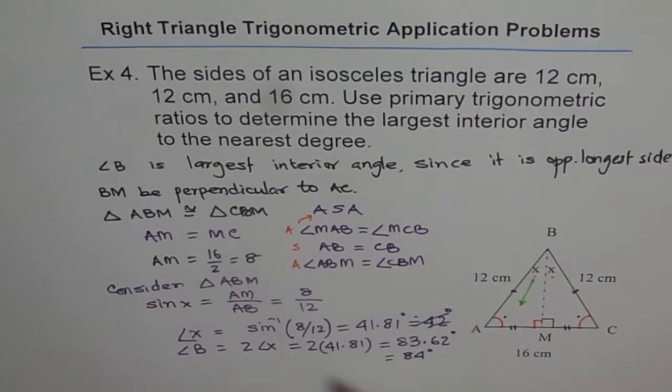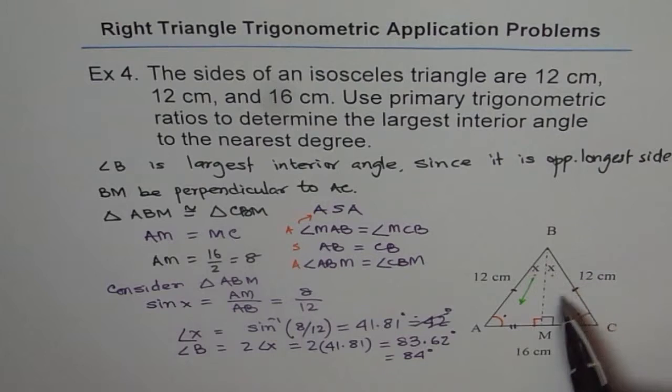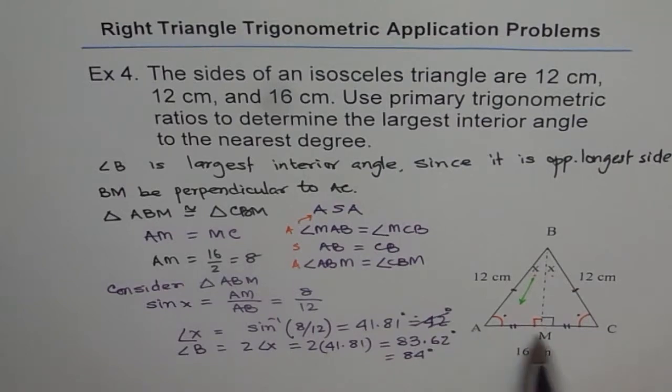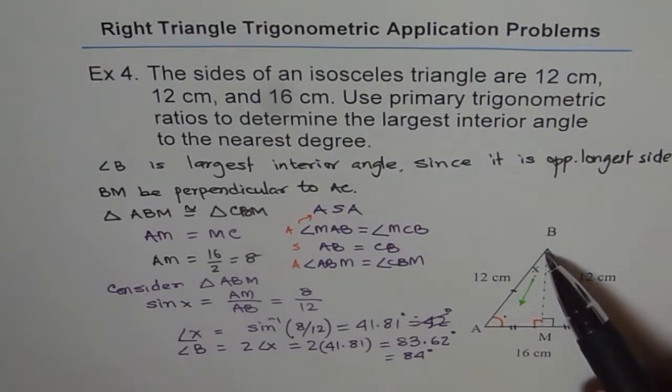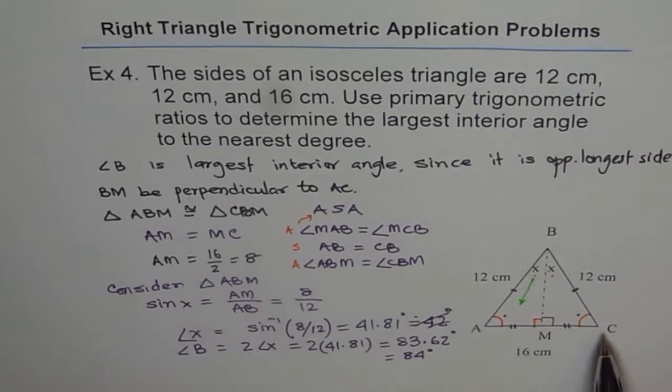So here is an isosceles triangle ABC, where sides AB and BC are equal to 12. So their opposite angles will also be equal. That means angles A and C are equal. Now side AC is given to us as 16 centimeters. So we did a bit of construction here. We dropped a perpendicular from B to the line AC.